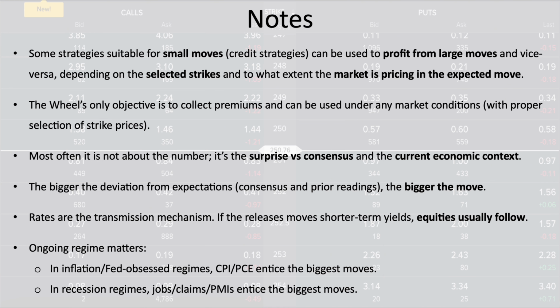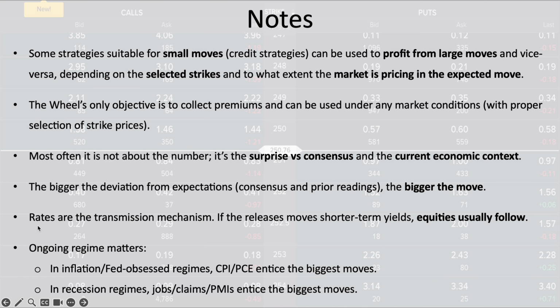Whether investors are more concerned about inflation or about economic conditions, such as employment, the state of the economy, the risk of recession, all of these factors need to be considered when you establish the probability and the size of a move. Now, the bigger the deviation from expectations, both from consensus and from private readings, obviously the bigger the move.